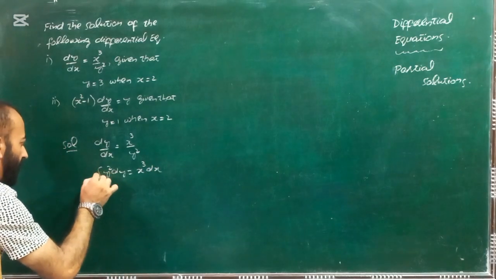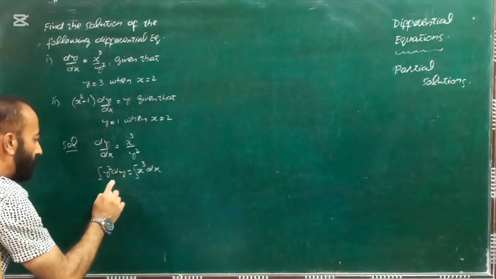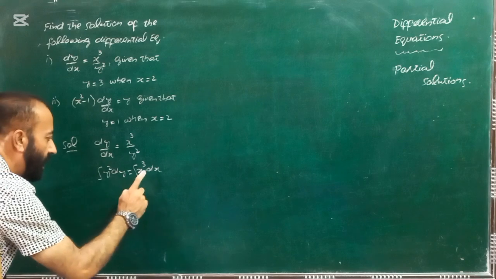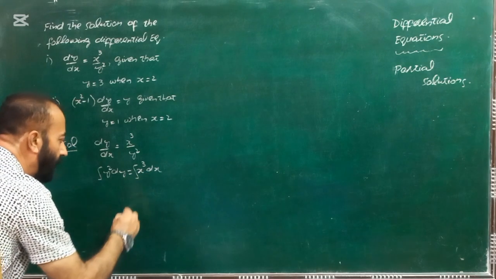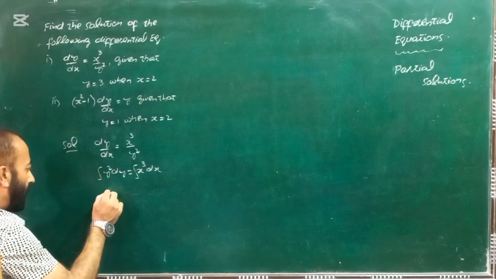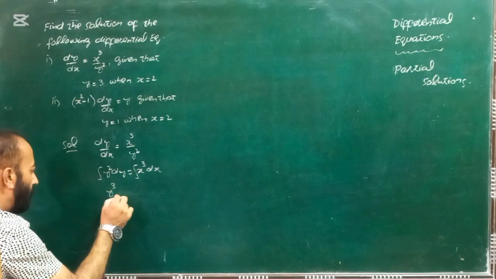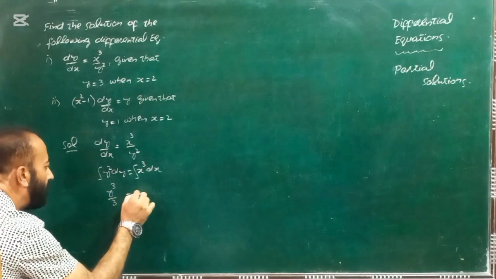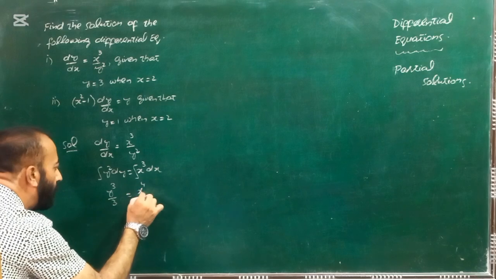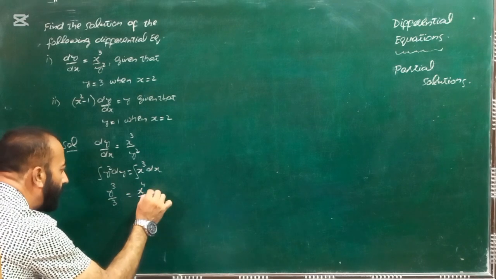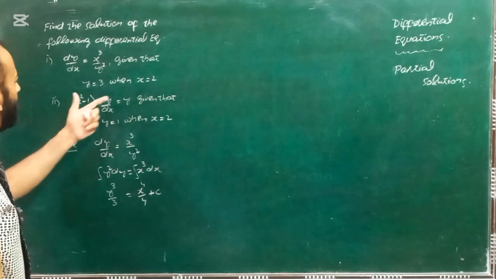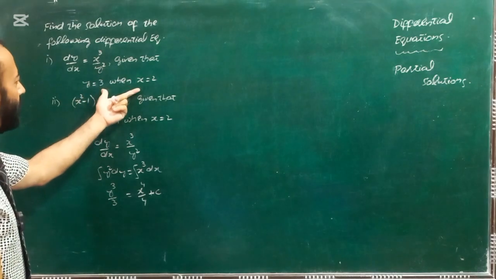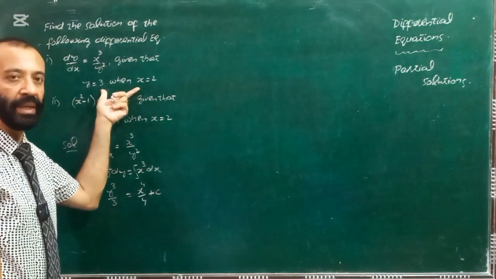Then next step will be integrating with respect to y on left side and integrating with respect to x on the right side. So look now, y cube over 3 will be equal to x to the 4 over 4, and this c is placed.